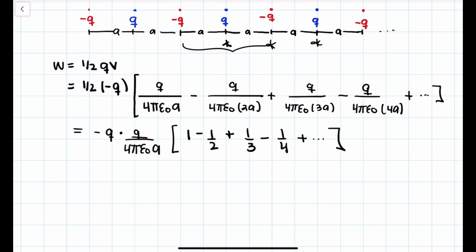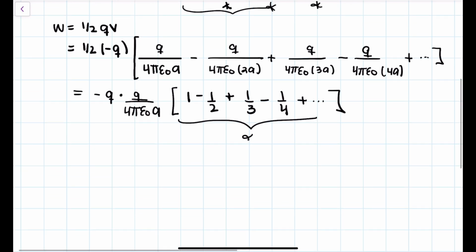And, well, actually, this is what our constant would look like. This is the Madelung constant. So this condenses to the work being negative alpha q squared over 4 pi epsilon naught a.